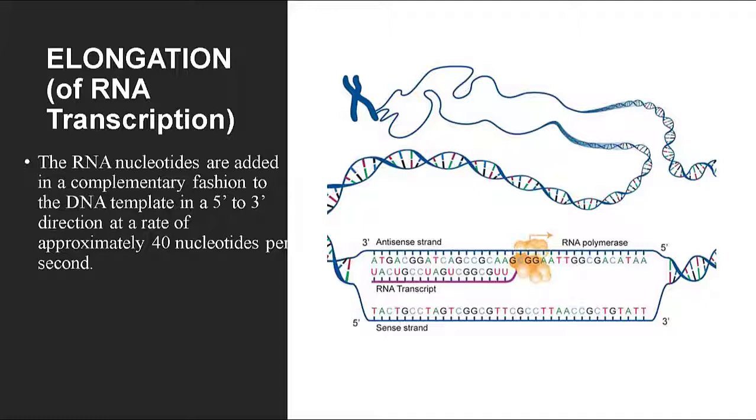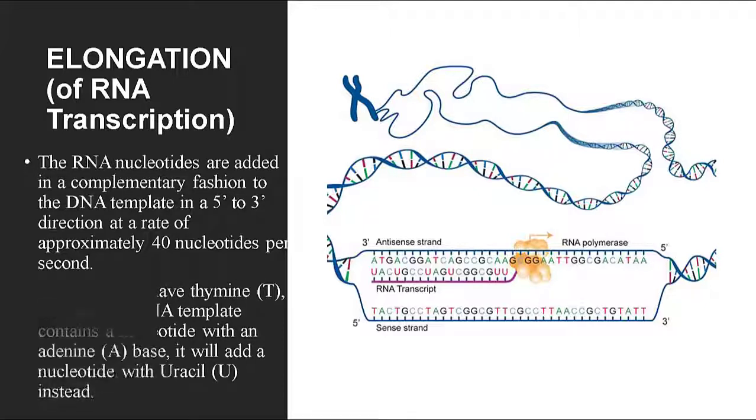CG are still the same. This is because RNA contains uracil instead of thymine. RNA does not have thymine, so when the DNA template contains a nucleotide with an adenine base, it will need to add a nucleotide with uracil instead.